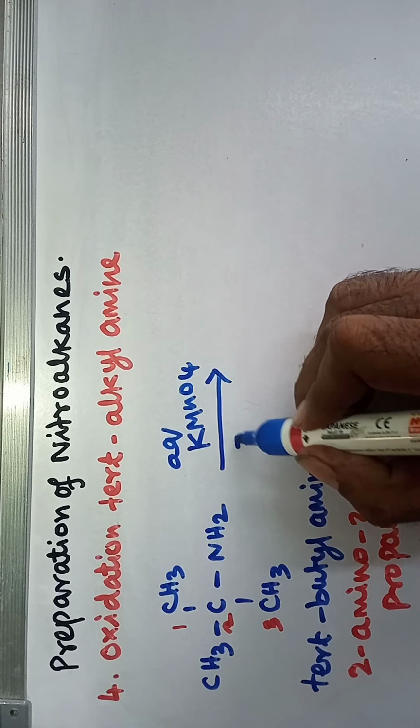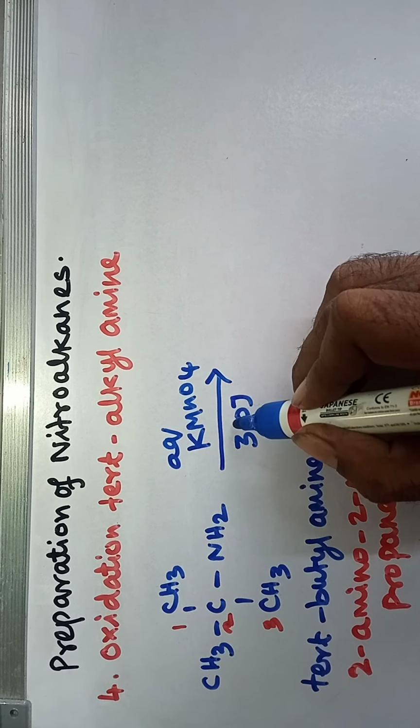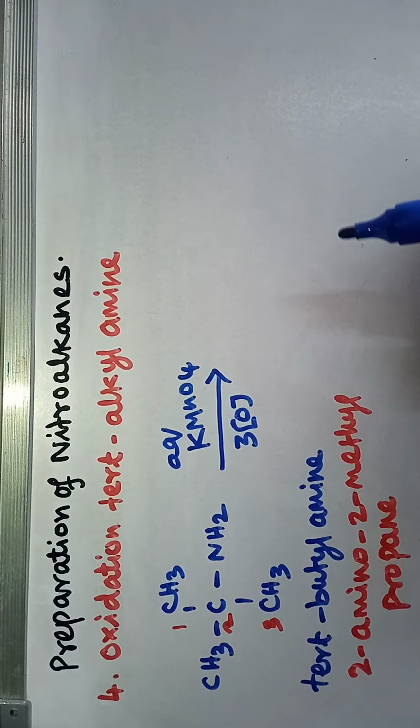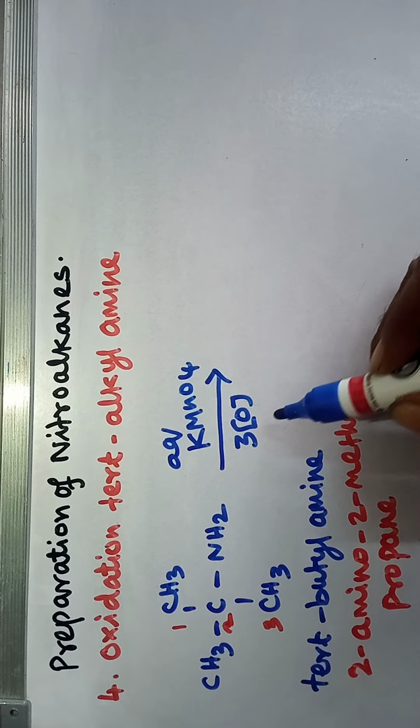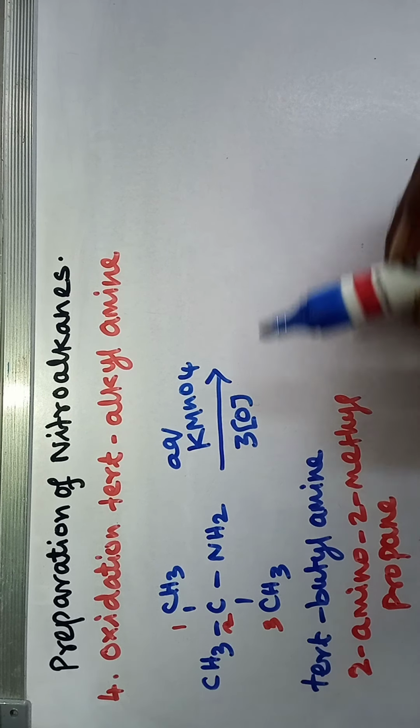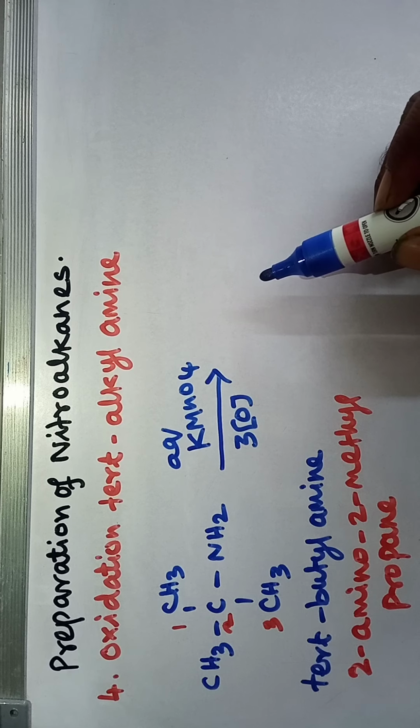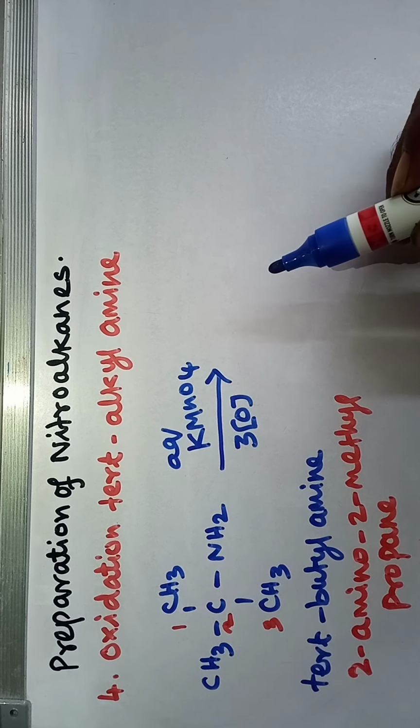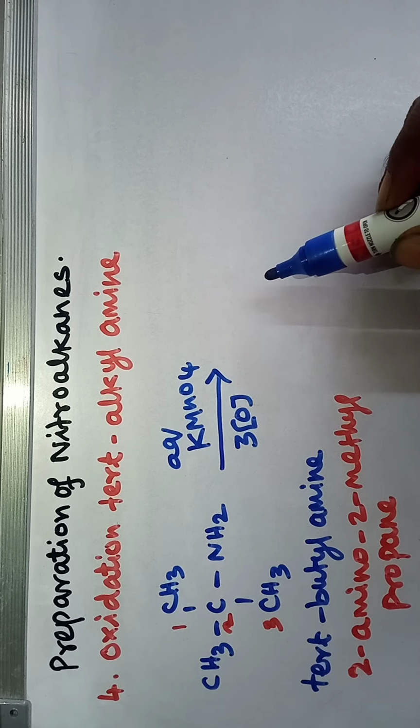Here we are taking 3 oxygen. What is oxidation? Addition of oxygen is called oxidation. Here the addition of oxygen takes place. It gives tertiary nitroalkanes.